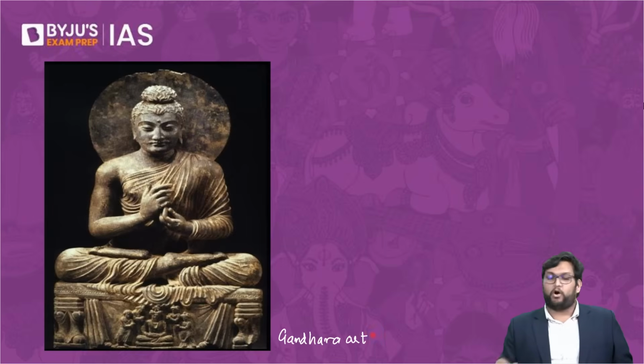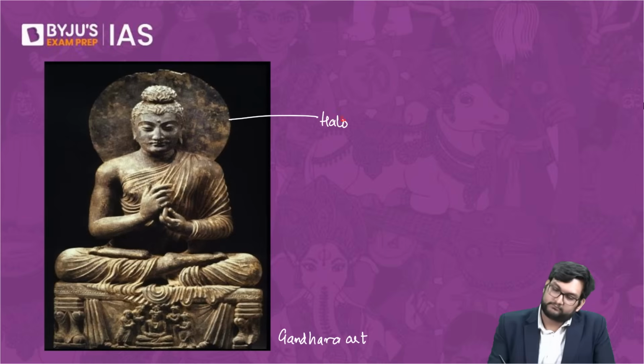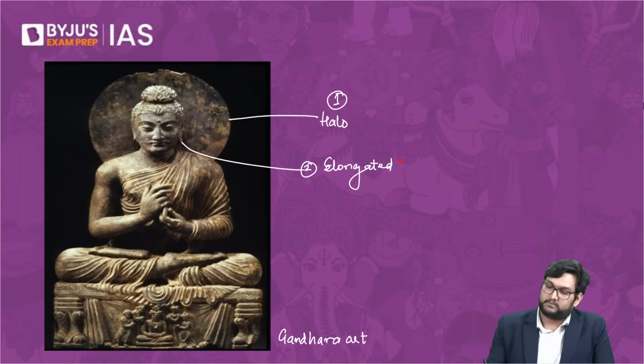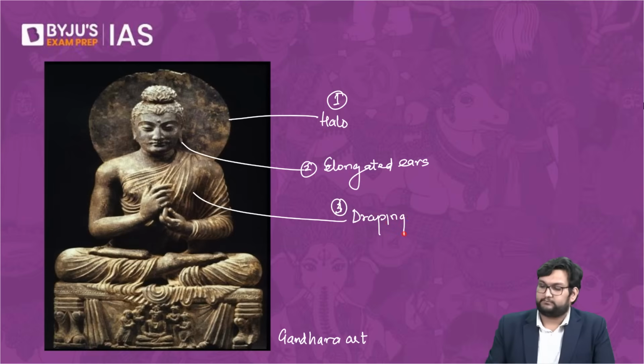Now you can see all of these things at play. You have the halo, you have the elongated ears, thereafter you have draping, which is Greco-Roman.